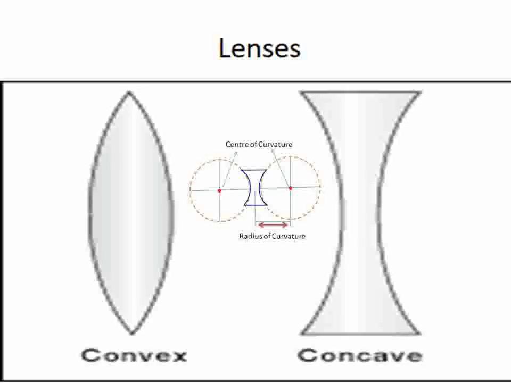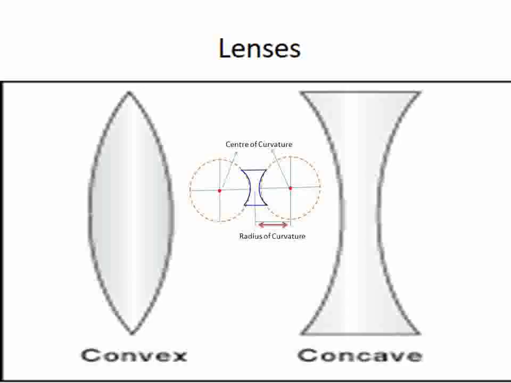Whereas in the case of a concave lens, the curved surfaces are in such a way that the lens is thin in the middle and thick at the periphery or curved surface, means just outside the lens there is the circumference.